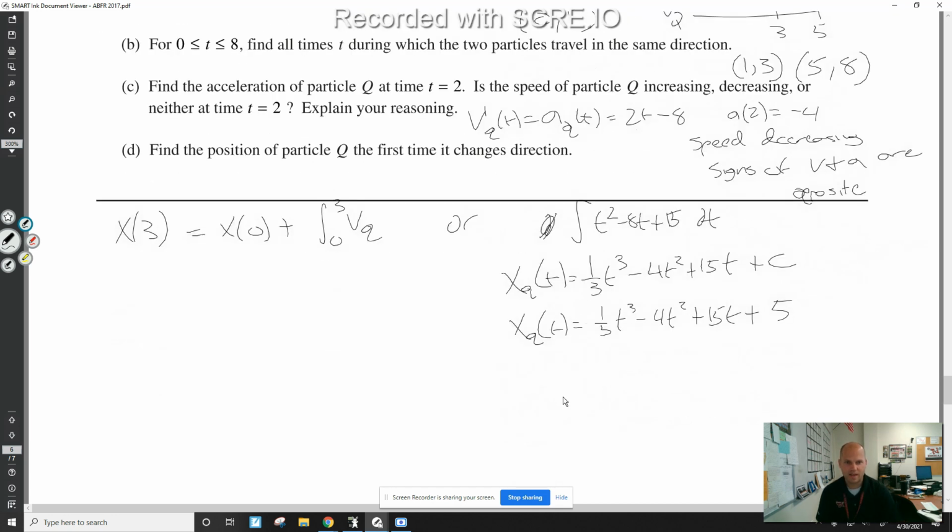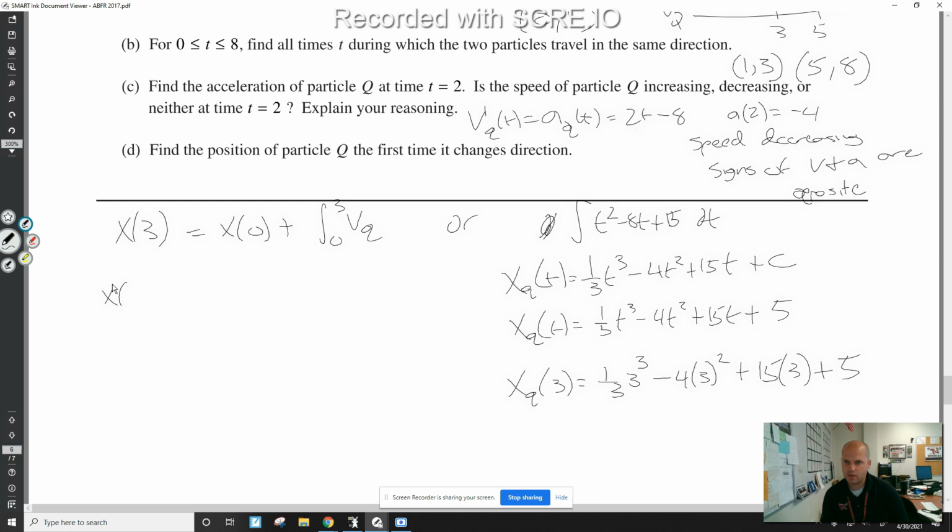Find the position at time 3. X of Q of 3. Guess what, guys? We haven't really been doing many of these, so I understand if you forget this. You can leave an answer like this. You don't have to simplify this. This is a calculator-ready answer. Great thing about non-calculator parts is you don't have to worry about arithmetic. This is fine.